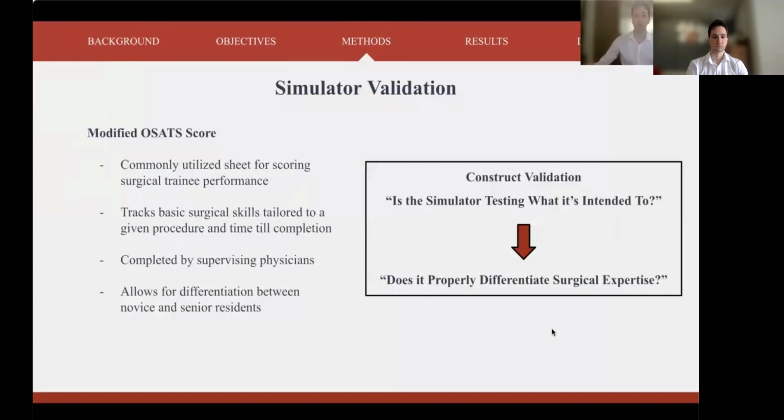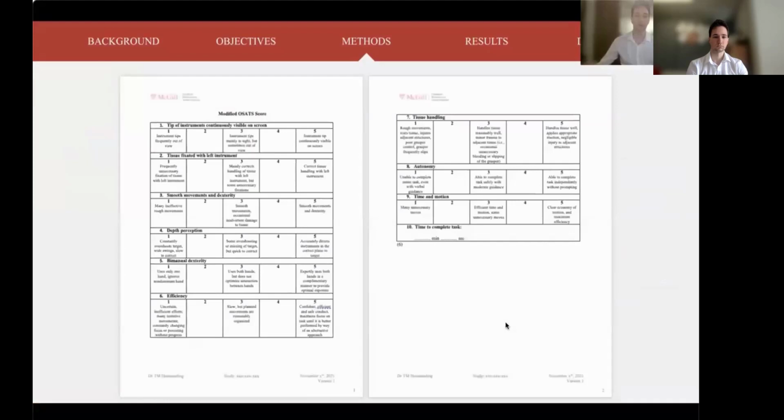For our construct validation, we're using the OSATS score, like previously mentioned. It is a commonly utilized sheet for scoring surgical trainee performance. It tracks the basic surgical skills tailored to a given procedure and the time until completion of the procedure. It is typically completed by supervising physicians, and it allows for the differentiation between novice and senior residents based on the final score obtained. So here's our modified OSATS score.